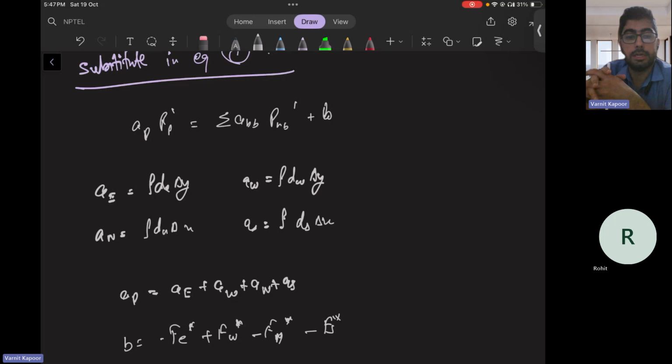Then you have to solve the momentum equation at the cell centroid, that is basically your AP UP star equals summation of that and that equation. Then using the momentum interpolation, calculate the U stars. From those U star values, you calculate the flow rate values that will eventually be converted into the B term.